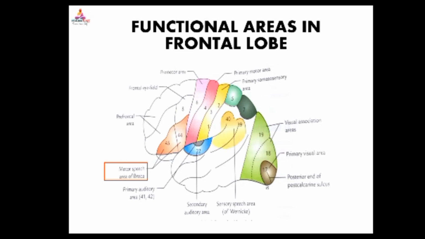Next is the motor speech area of Broca, that is Broca's area 44 and 45.